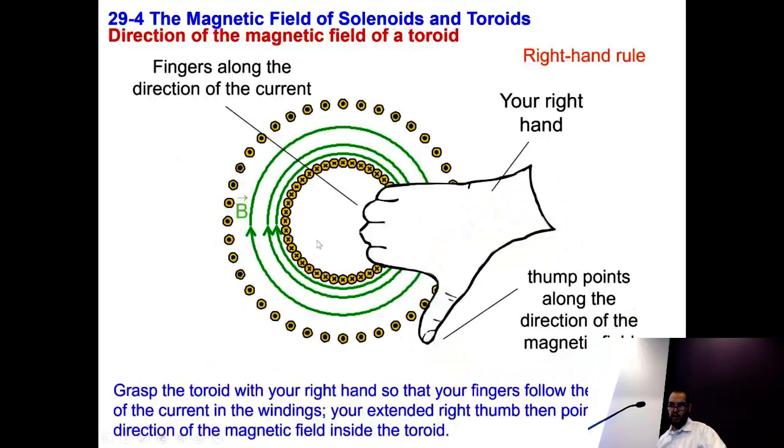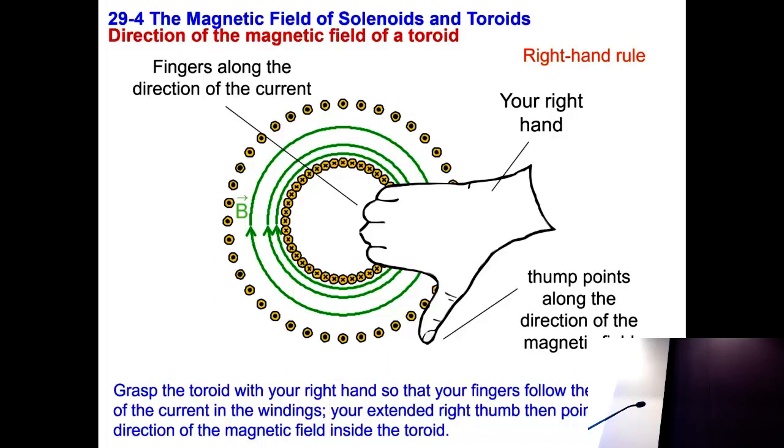Again, the direction of the magnetic field is found with the same technique. You grab the toroid with your hand, with your four fingers pointing in the direction of the current. For example, here the direction of the current is in and here it's out. Your thumb will indicate the direction of the magnetic field, so the magnetic field is in this direction.